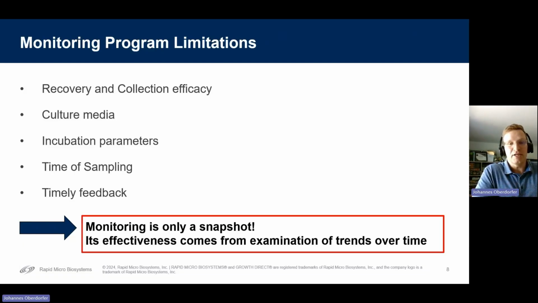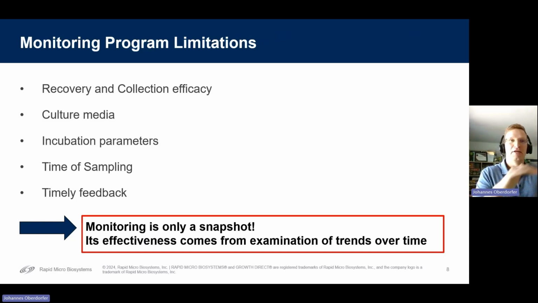Same for the culture media: different culture media and different incubation temperatures might lead to a different microorganism spectrum. At the end, the monitoring program is limited, and we all know that it is not showing everything and does not give us a complete picture. There are also publications available that say between 2 to 6% of the actual contaminations are covered by our monitoring programs.